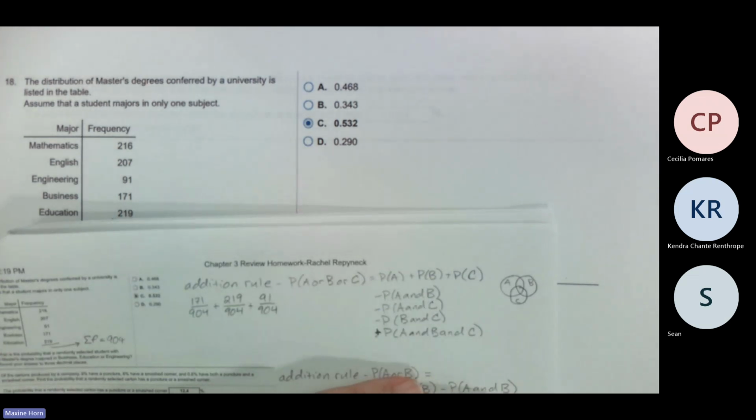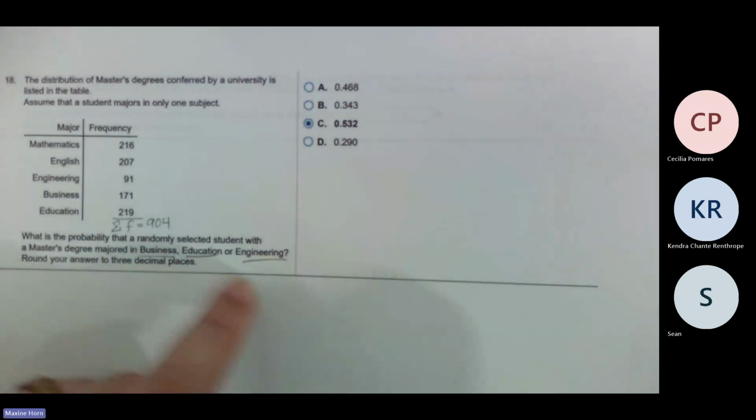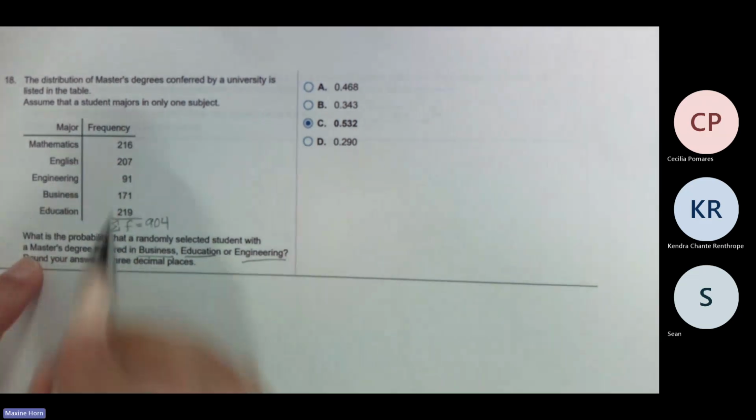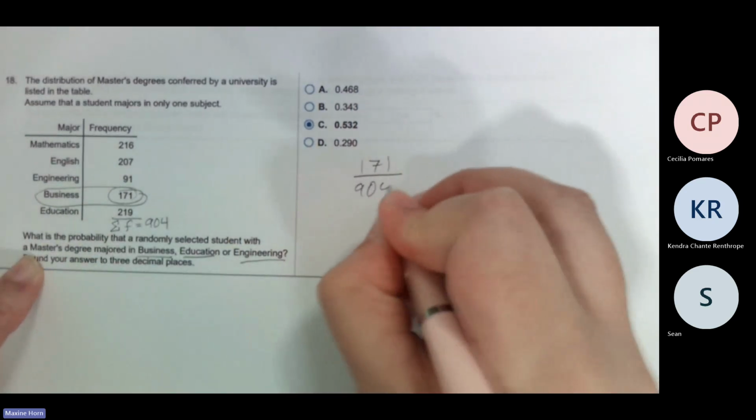Now, this particular question, we don't have to do all of that because they don't overlap at all. But I think it's important that you guys are aware of that because you might get a question where they do have some overlap. Okay. But for this one, we just have these 3 things. The business, I can think of it that way, 171 over the total.